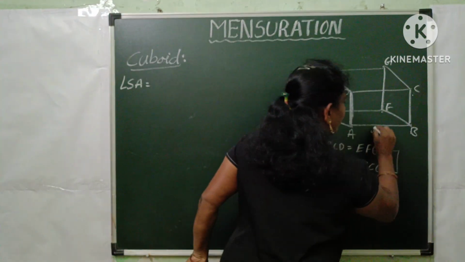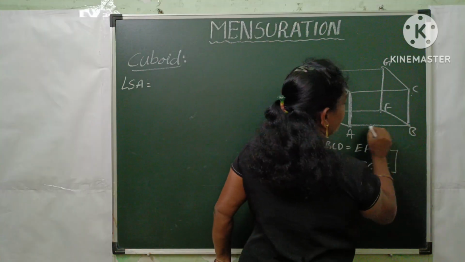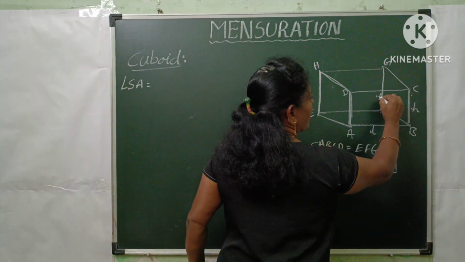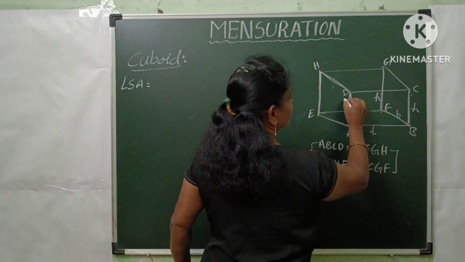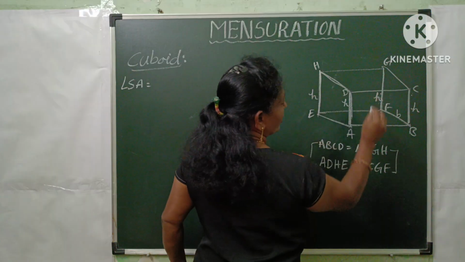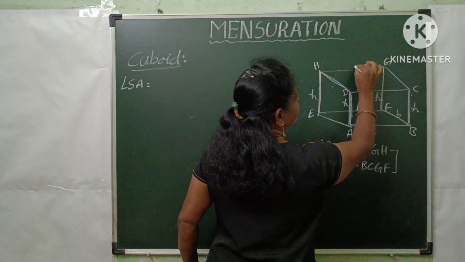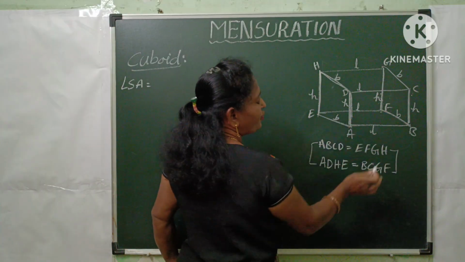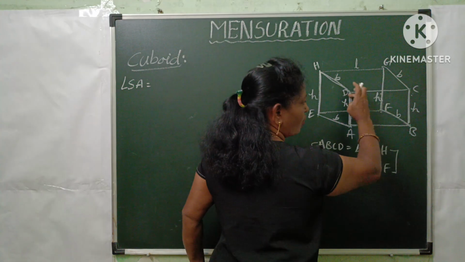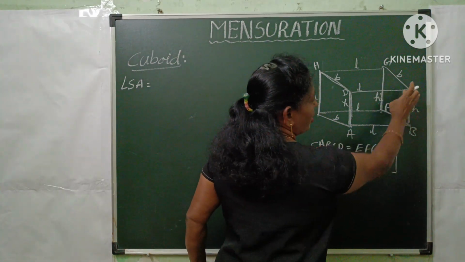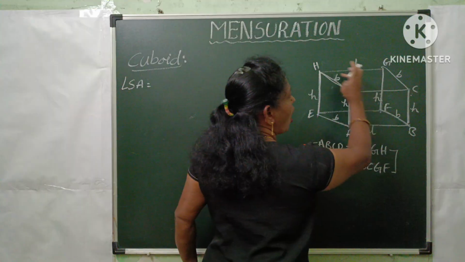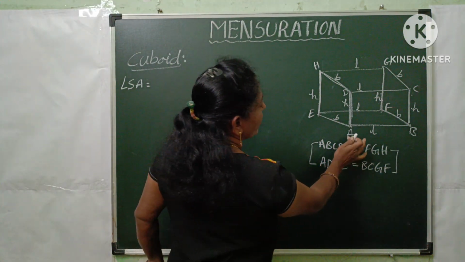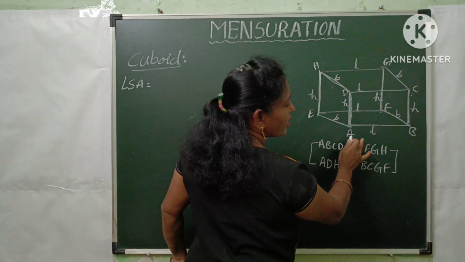AB is the length, here it is the breadth, here it is the height, and these are also the heights. Next, these are the lengths. This is the breadth. If you find one wall, one rectangle's area, the opposite rectangle is also the same. So for A, B, C, D, what is the area?